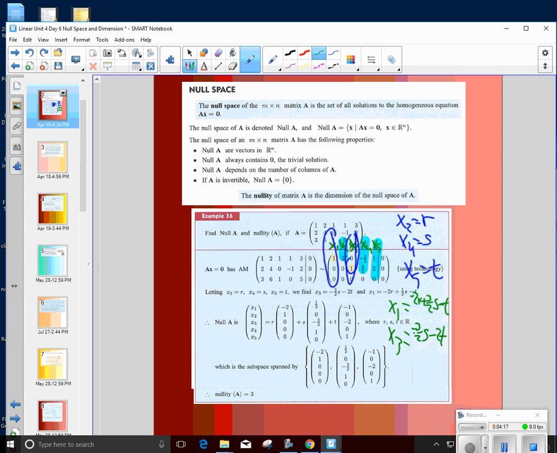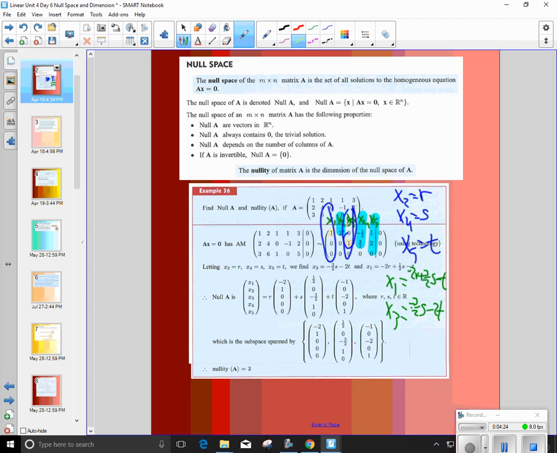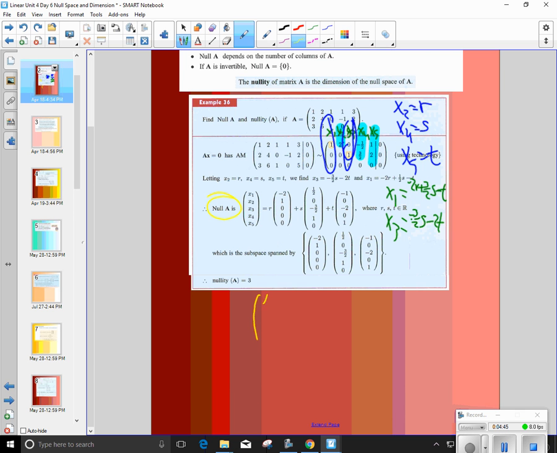What's cool is that we set these up so that we can produce this nullity vector sum, a vector combination for x1, x2, x3, x4, x5, which becomes the solutions we talked about earlier.